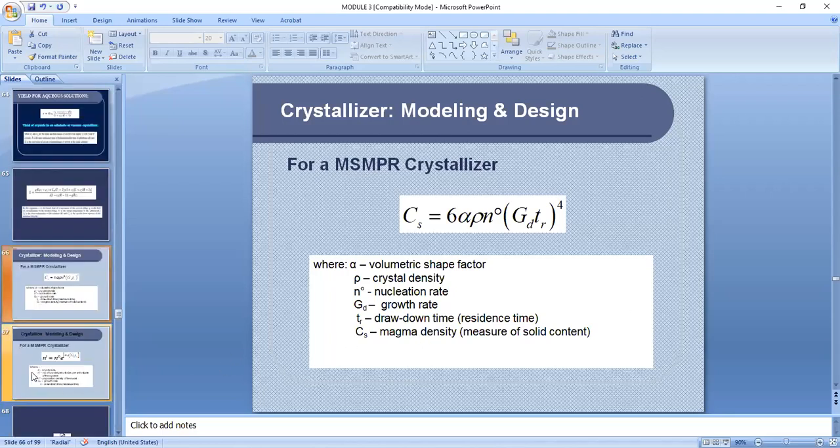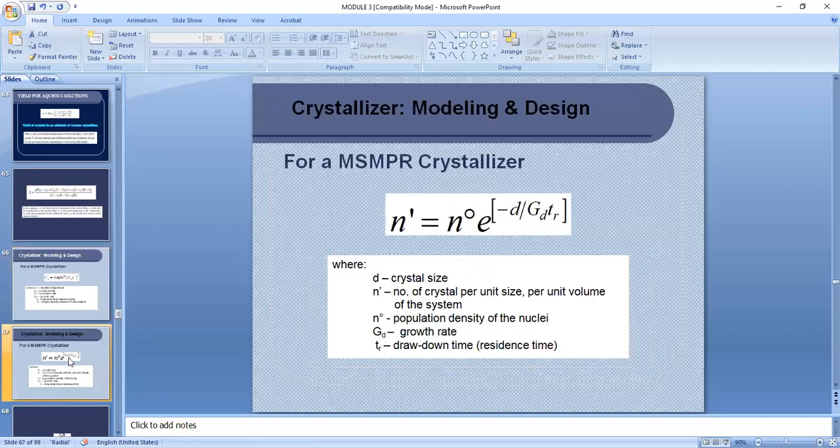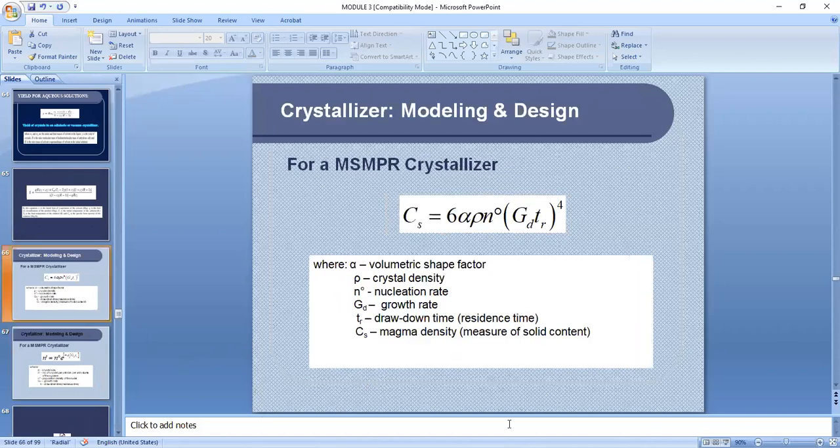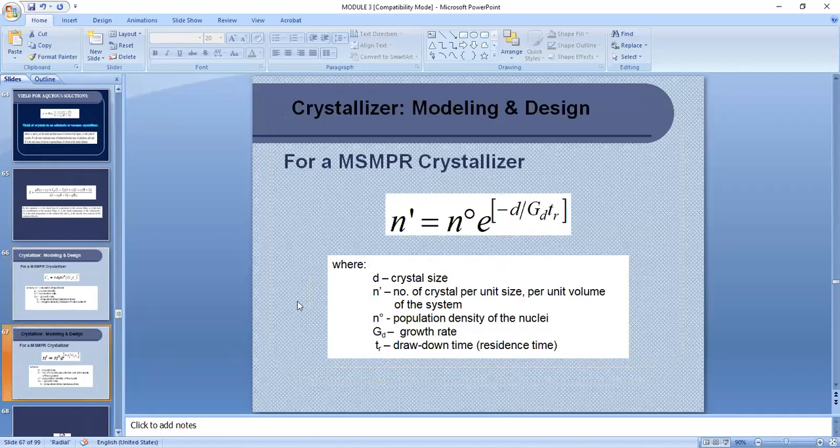Now, another formula that is related to MSMPR is the number of crystals per unit size per unit volume of the system. Now, in here, you still have the same parameters that is present on the previous formula. Okay, the G sub D, the T sub R are still there. So this is another formula for you to use.